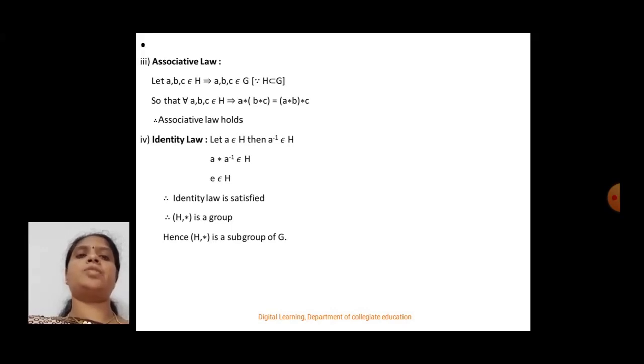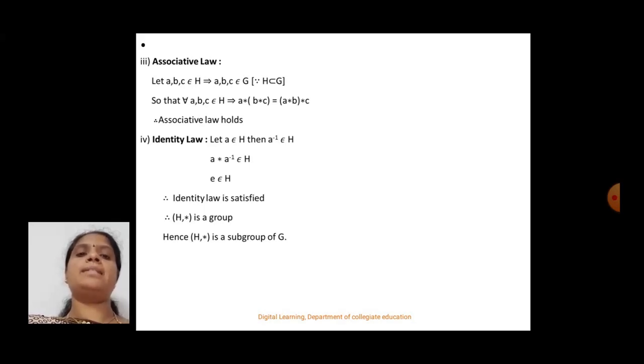Associative law means brackets: in the left-hand side the bracket is for b and c, and in the right-hand side the bracket is for a and b. Again, the star means we can take the operation of addition or multiplication. Therefore the associative law holds.